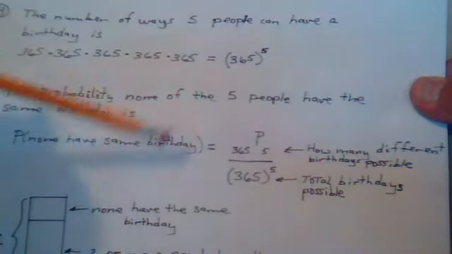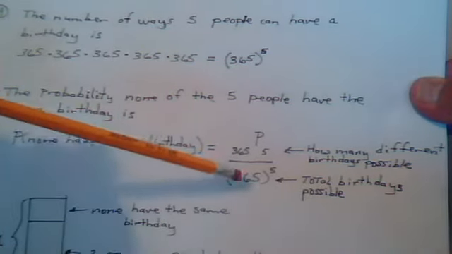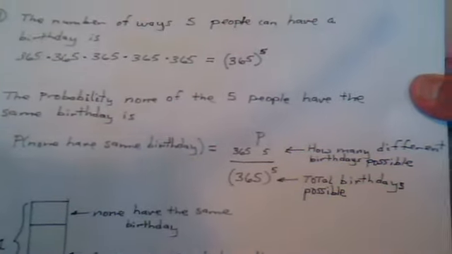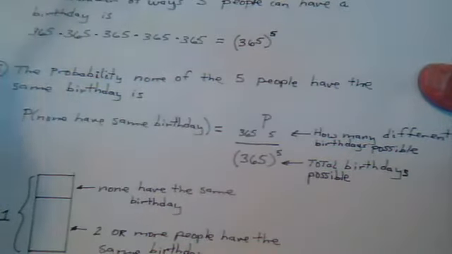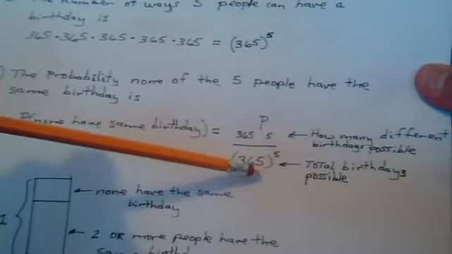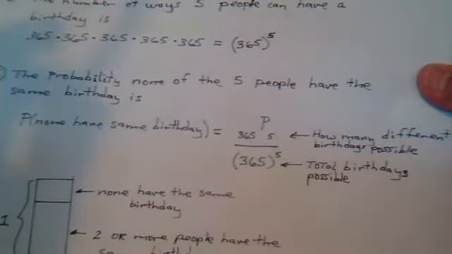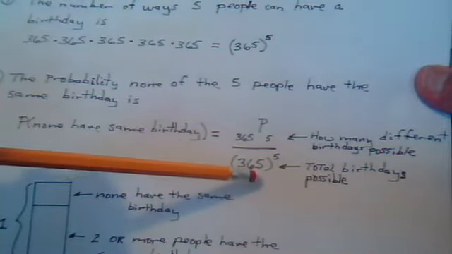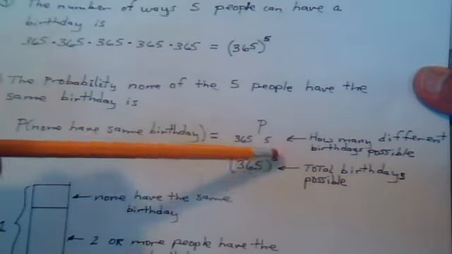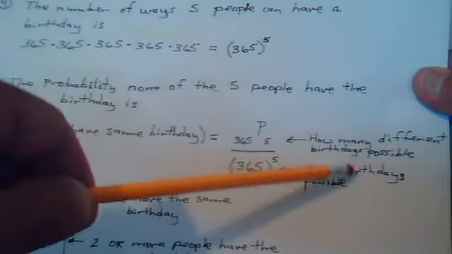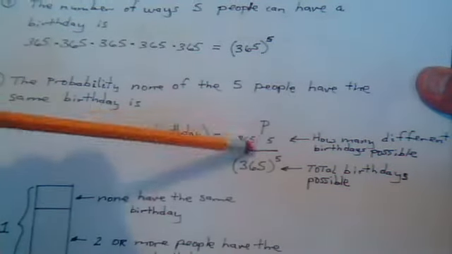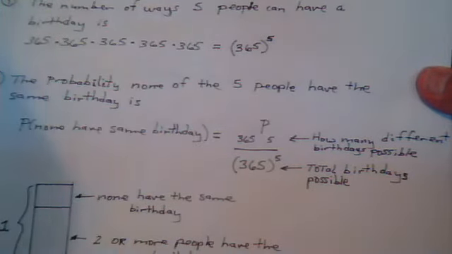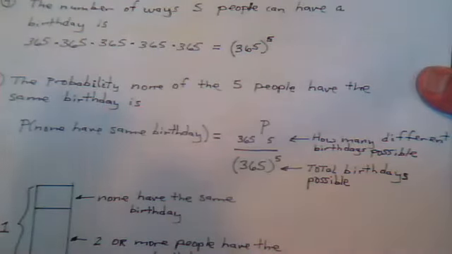This is how many fit this description. The denominator for a probability is always the total number of outcomes for that given problem. Well, in this case it is how many possible birthdays 5 people can pick, regardless of repeating or not repeating. Total birthdays possible. That's this number. So if you were to divide these two, this will answer the question of what's the probability of none of the 5 people having the same birthday.